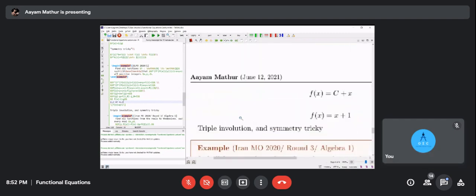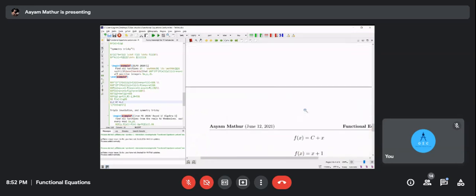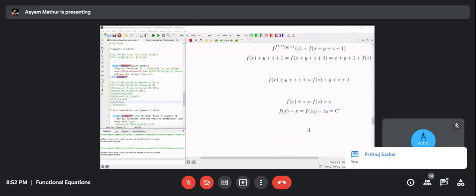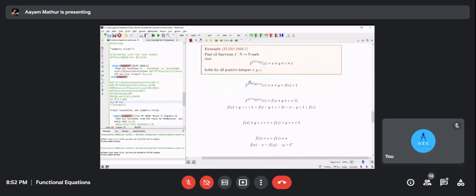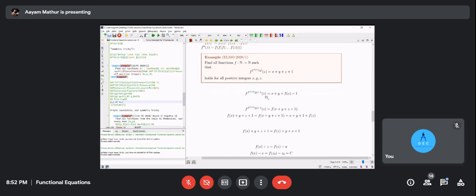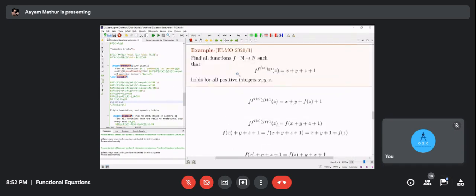All right. Did that example make sense to everyone? Yes, sir. And you see, in almost all these solutions, what I'm trying to do is instead of going over all the details, I'm trying to motivate you. I'm trying to show you why we are trying what we are trying.